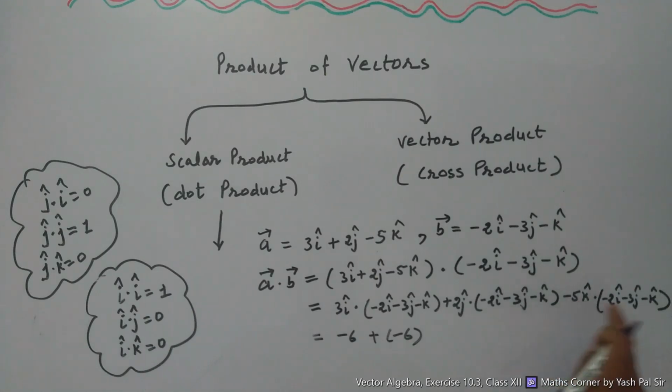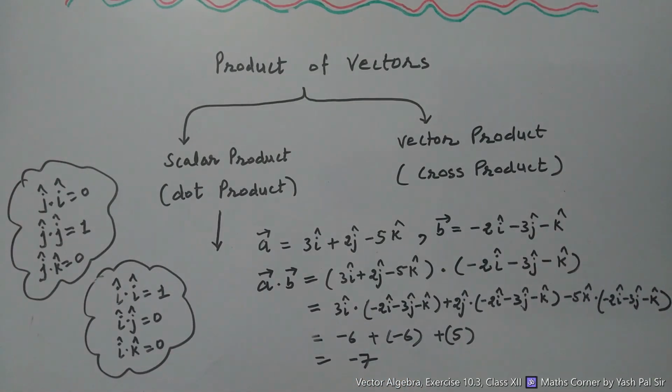Lastly, we multiply the k components. Minus 5 into minus 1, plus 5 is there. So finally, minus 6 minus 6 plus 5, minus 7. From this example, the conclusion is that the dot product of two vectors is always a scalar quantity.